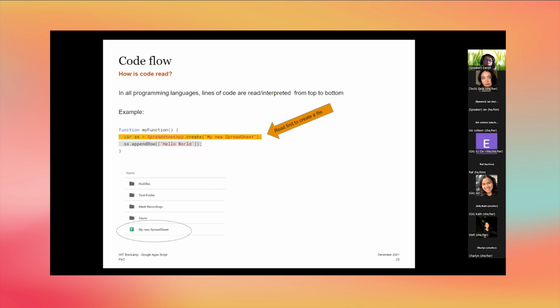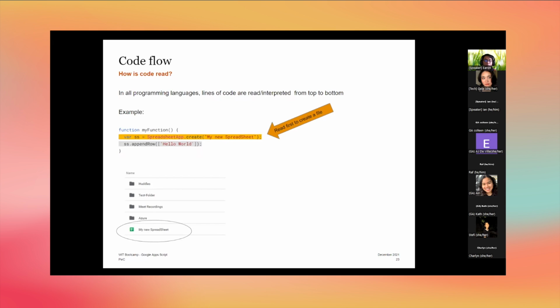So for example, in our code flow, it's a simple function for creating a spreadsheet. It's a simple code that wants to create a spreadsheet. So it reads this one first, which creates a spreadsheet on your Google Drive.